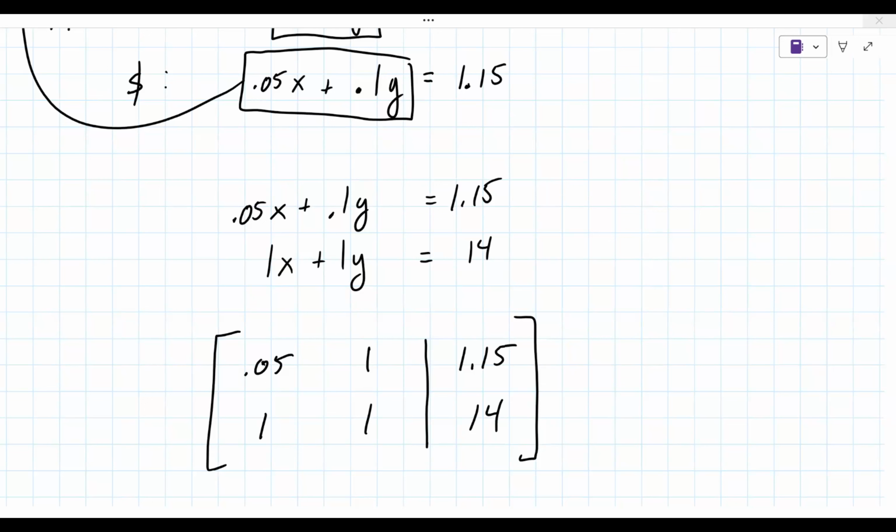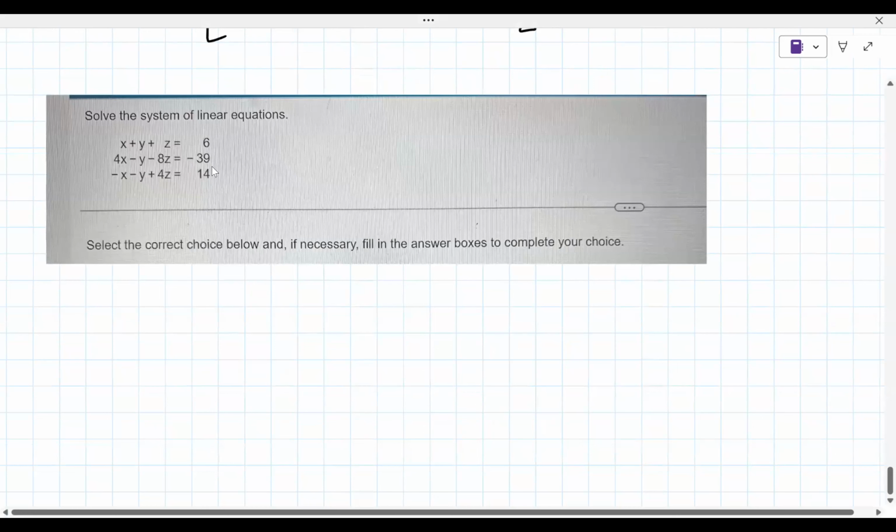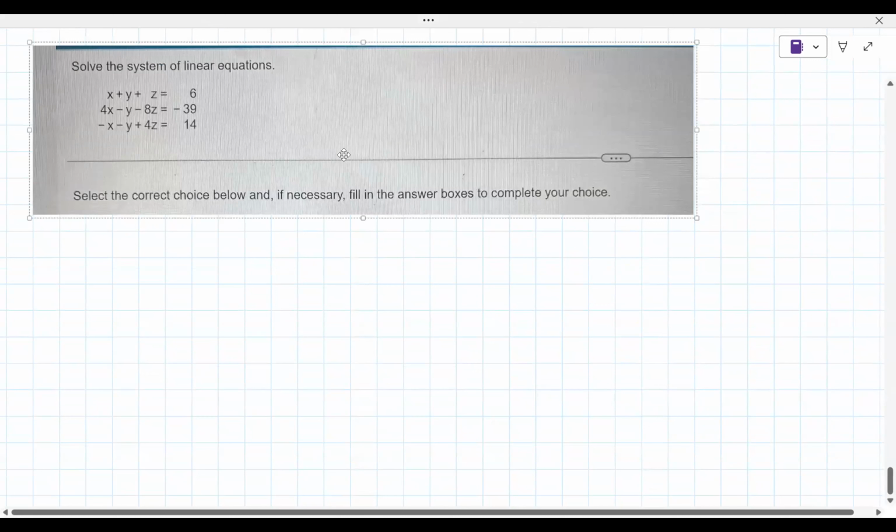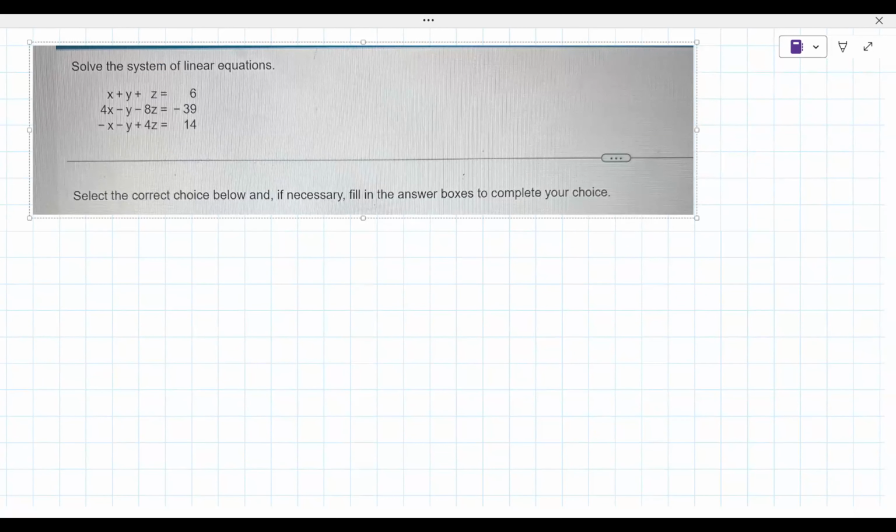All right, so to solve this, you can do it by hand, which is usually not what most students want to do. They want to use the calculator. You said you're using a TI 83, 84? Yeah. Okay, so let me grab my virtual TI 83, 84.